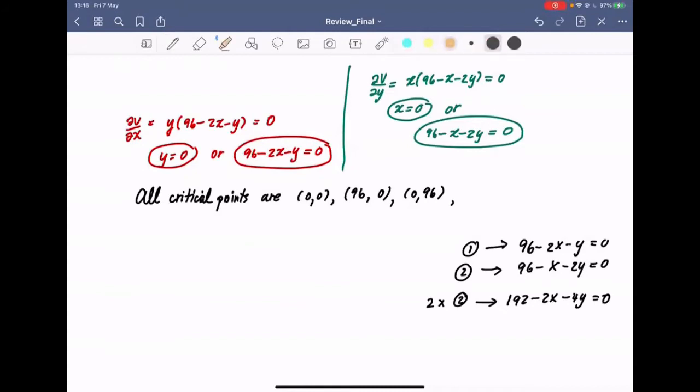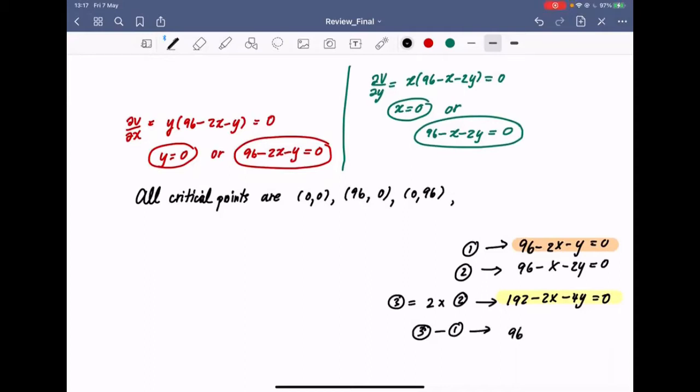And then you can see I have the orange one here and the yellow one here. So I'm just going to call this equation 3, and then use equation 3 minus equation 1. So 192 subtract 96, negative 2x subtract negative 2x, so this cancels out. And then minus 4y minus that. 192 minus 96, what do you get? 96, right?